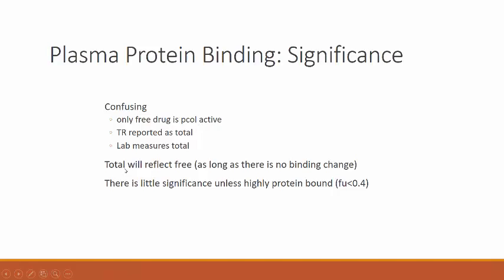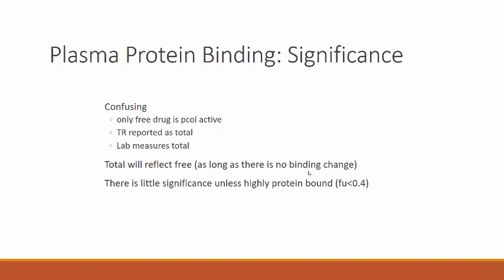Now, the good news is that total will always reflect free as long as there's no change in binding. As long as the percentage of binding remains the same, so as long as only 10% of the drug is free, if the total concentration goes up, the free concentration will go up. If the total concentration goes down, the free concentration will go down. So as long as there's no binding change, as long as that percent binding stays consistent, then we don't have to worry.